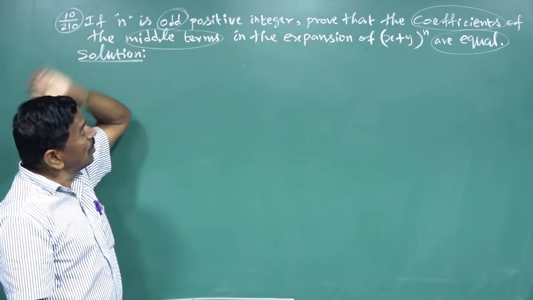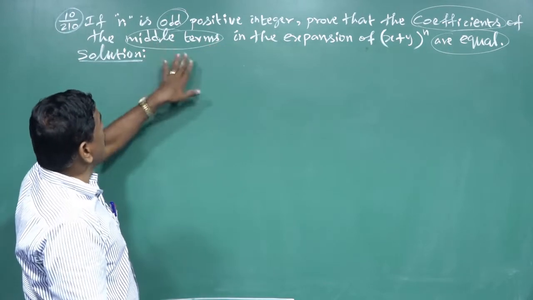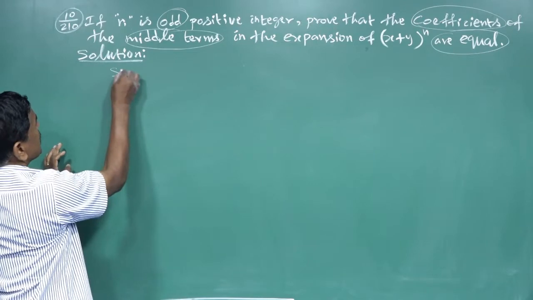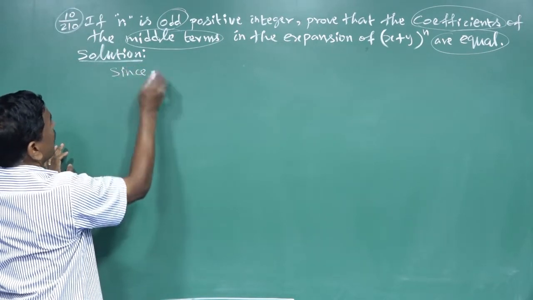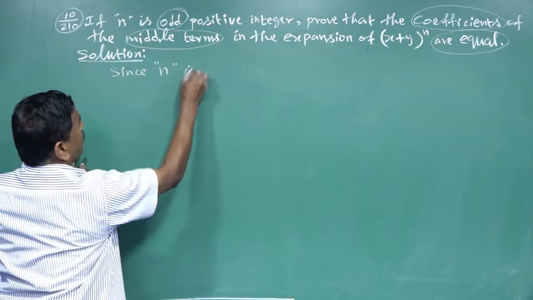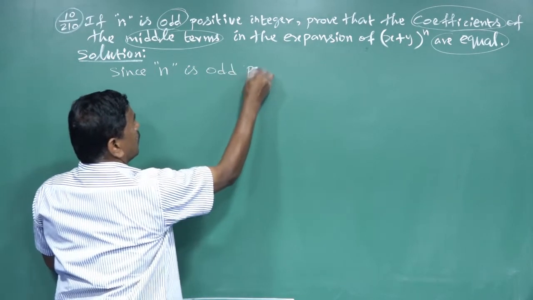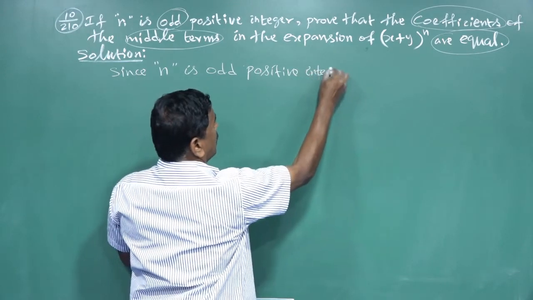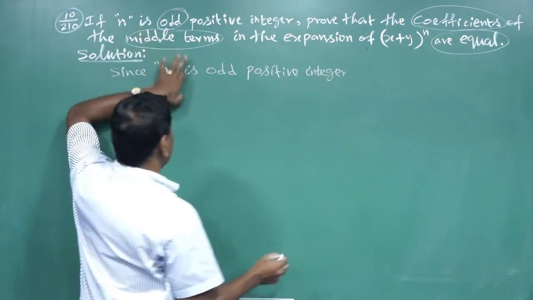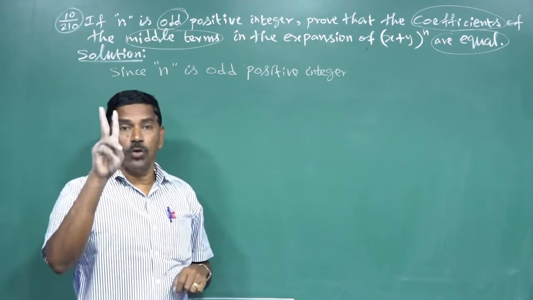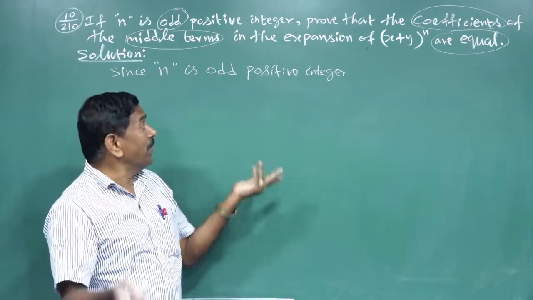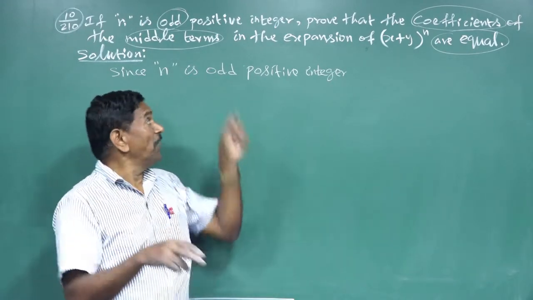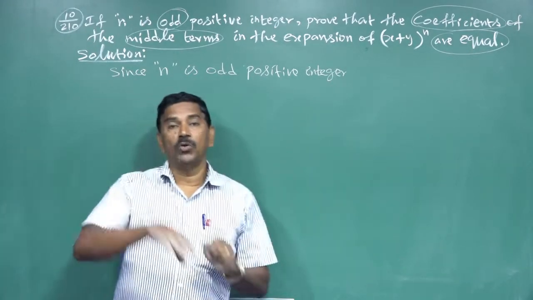Now, first of all, since n is an odd positive integer, listen carefully. Solution: since n is an odd positive integer, there are two middle terms.